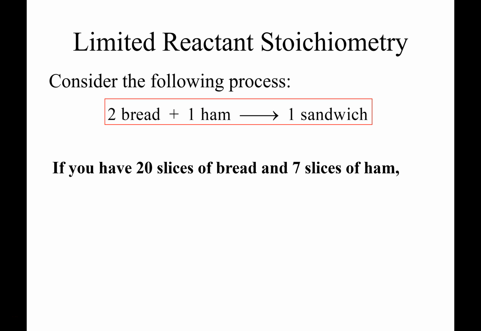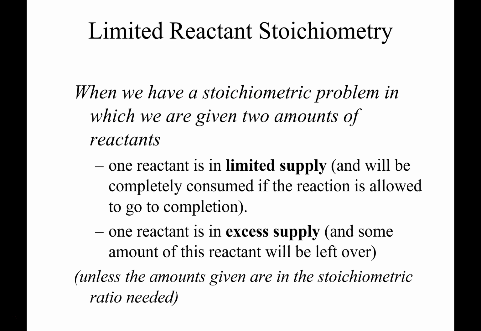Now, say you have 2 reactants and you put them together and have them react to form products, and you don't have anything left at the end. We say that they are present in the stoichiometric ratio, that they're stoichiometrically just perfect. It means you run out of both of them. Okay.